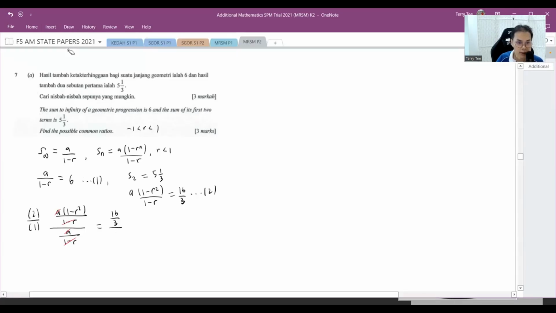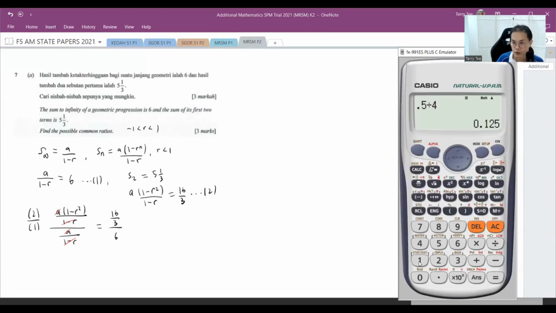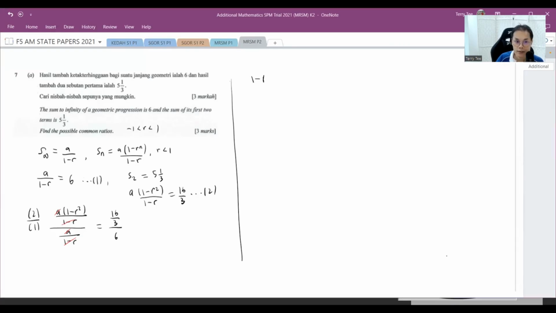Let's just take this and divide them. Use your calculator, 16 over 3 divided by 6, so I got 8 over 9. You're left with 1 minus r squared equals 8 over 9.